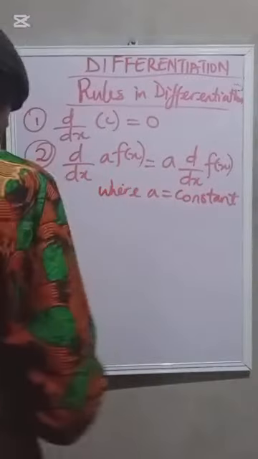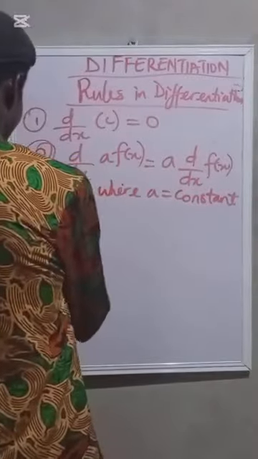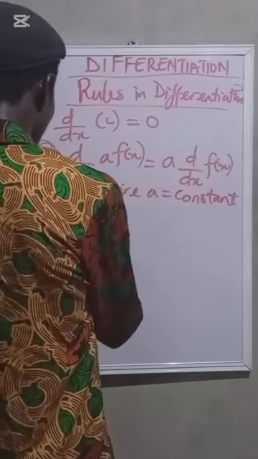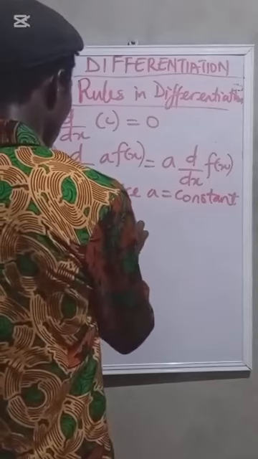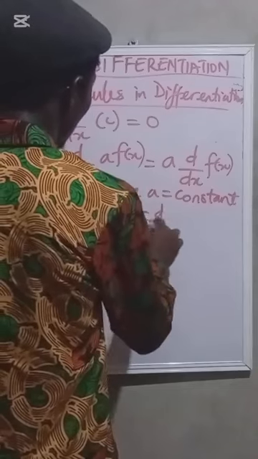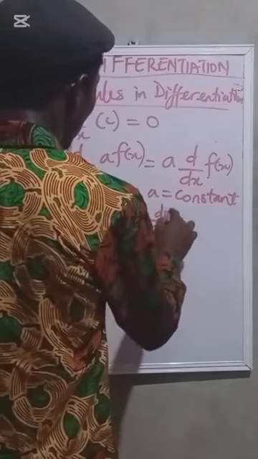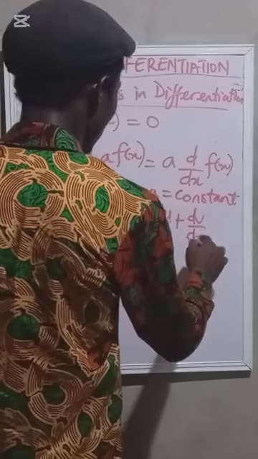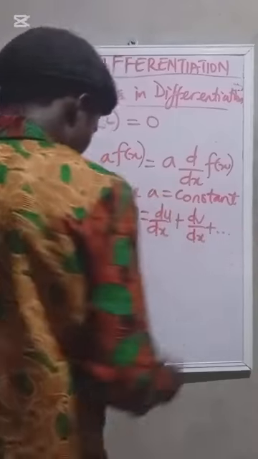So the third one is when you have d/dx of u plus v plus dot dot dot. That is plus a lot of things. So it's going to give you du/dx plus dv/dx plus dot dot dot. What does it mean?